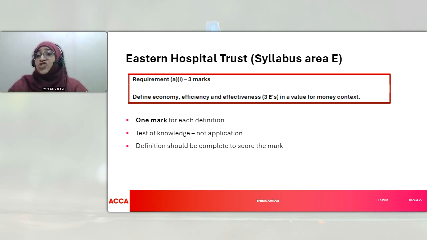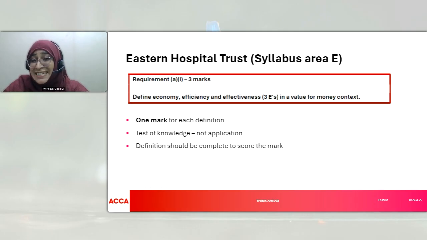So this is just a test of knowledge: you need to define what economy, efficiency, and effectiveness are, which means you need to have covered the value for money concept as part of the syllabus. What is important is that the definition that scored the full mark was one that was complete as far as the examination team was concerned.